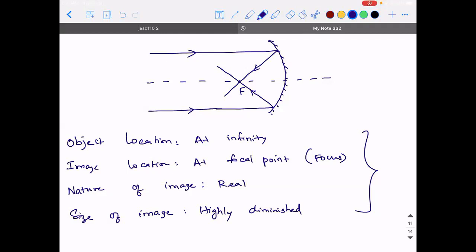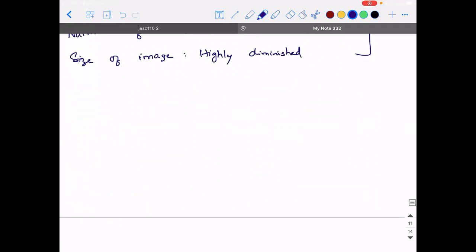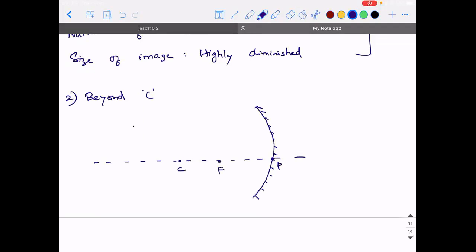If you're clear with this, shall I move on to the next one? Yes, sir. Okay. Second is beyond the point C, that is the center of curvature. If I take this point as P, this as F and this as C, let me say there is an object placed at this point whose height is AB.